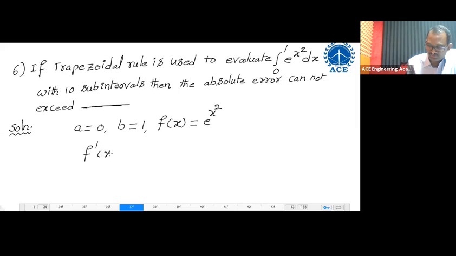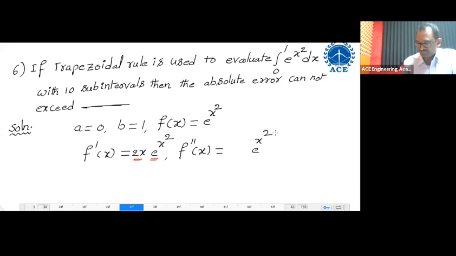So f dash x is equal to: treat it as x, e power x, derivative e power x, and again x square derivative 2x. Next, f double dash x. This is u, treat it as u, treat it as v. U into v derivative. V derivative means e power x square derivative, e power x square, and again x square derivative 2x.